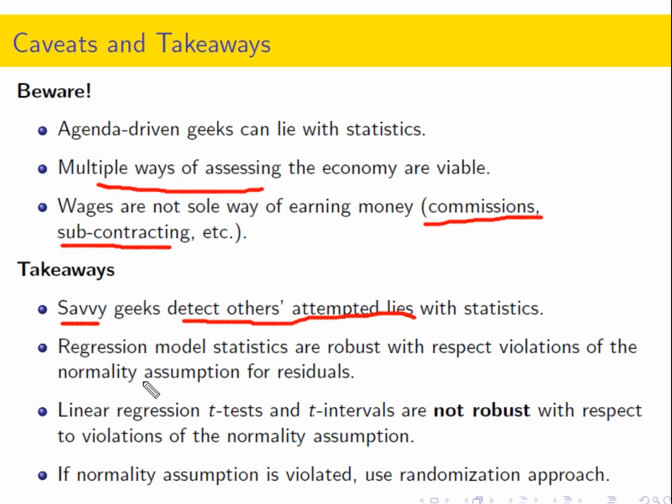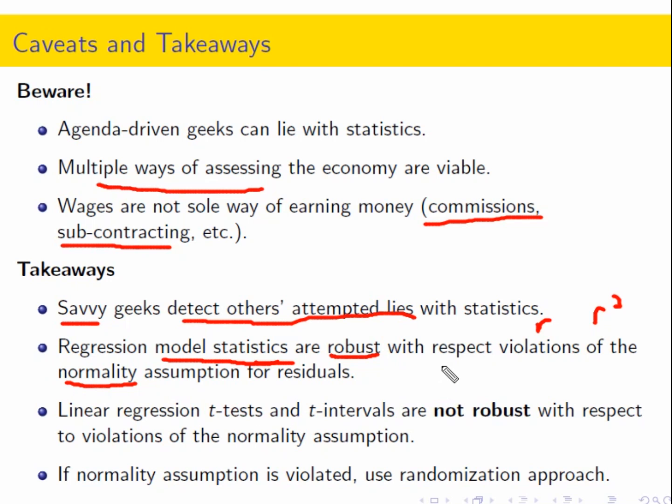Statistically, what I want you to know is that these model statistics we get are robust with respect to violations. Excuse me, not the line of best fit, the model statistics. So R and R squared are robust. It means they'll retain their correct values under stress when the normality assumption is violated, right? Now, nothing is robust with respect to the linearity assumption.